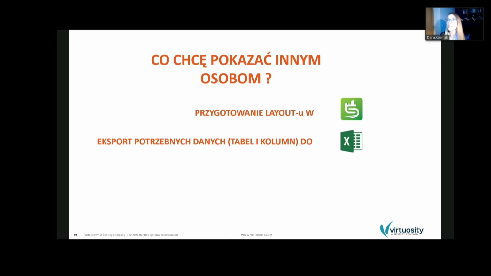That means we show this information in Synchro, we export this information to Excel, and Power BI is one of the possible data sources. There may be other data sources as well.